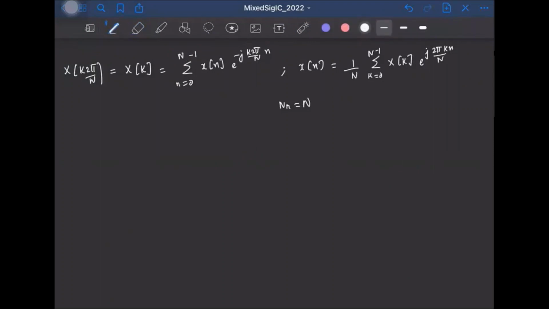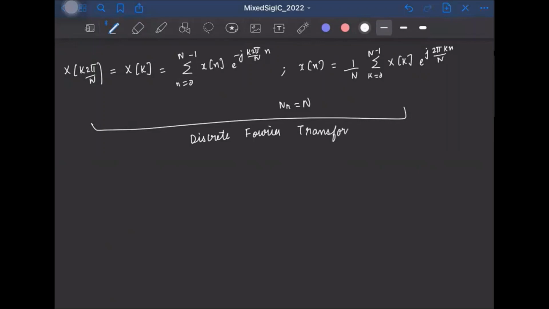Okay. And this is called the discrete Fourier transform. And this is what we use in practice to compute the frequency spectrum. Well, the other one was called discrete time Fourier transform because we were dealing with discrete time signals, but the frequency variable was still continuous. But here, even the frequency is discretized, right? So it's a truly discrete Fourier transform.